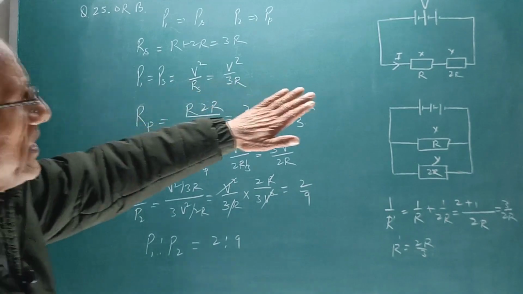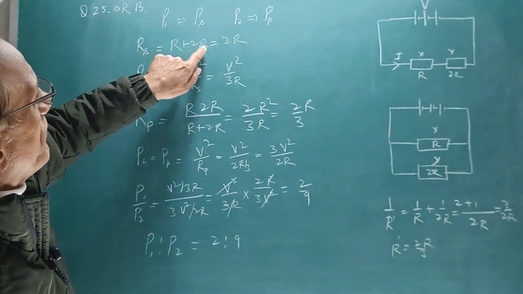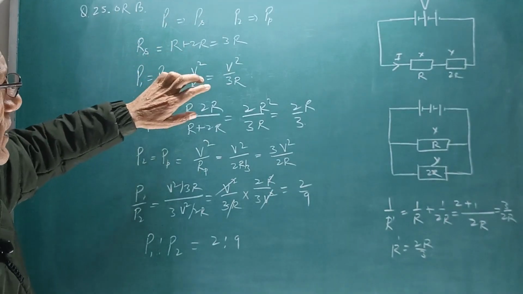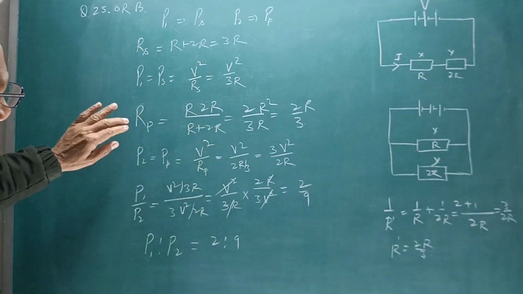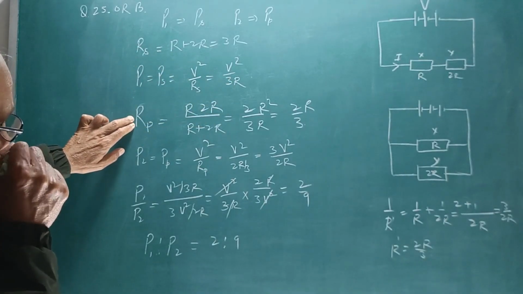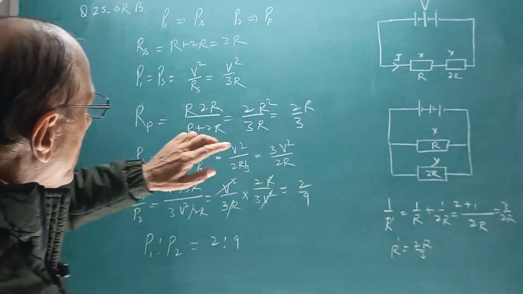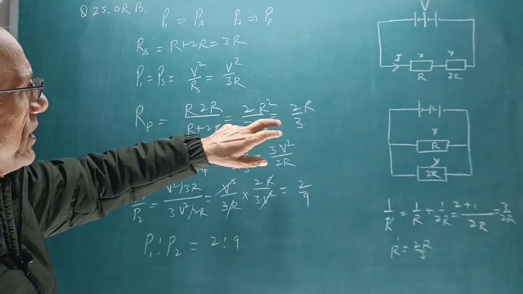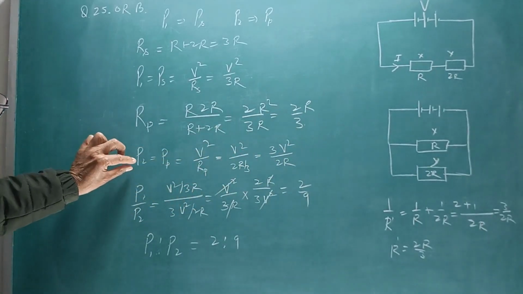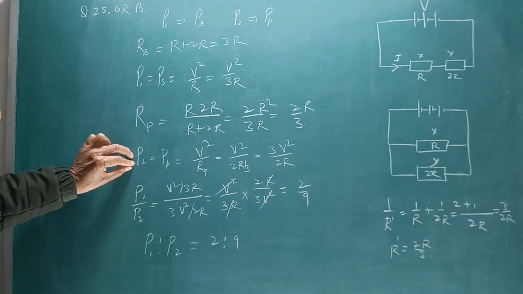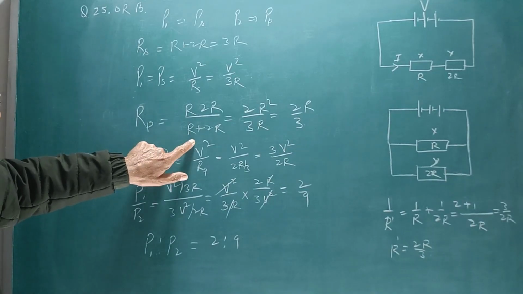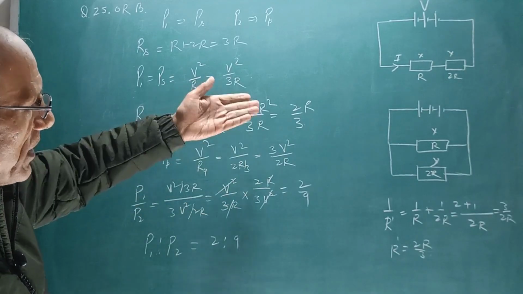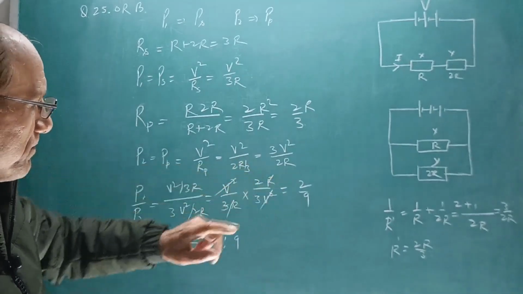Let us look at this once again. When they were in series, what will be the resultant resistance? It adds up to 3R, and power is V square by R, so V square by 3R. Then when it is parallel, the equivalent resistance will be product upon sum, that is 2R by 3. So for R parallel, power P2 in parallel will be V square by R parallel, that is V square upon 2R by 3.